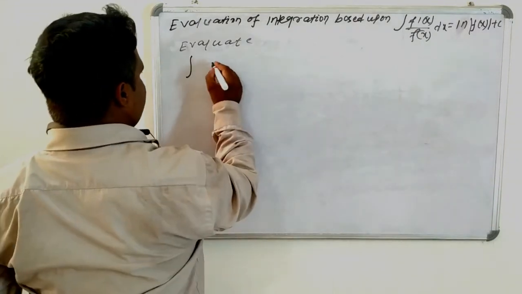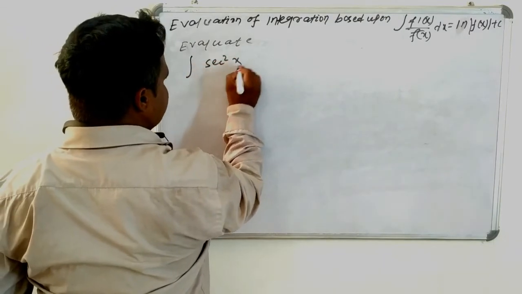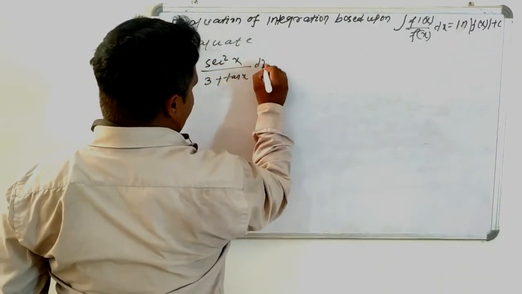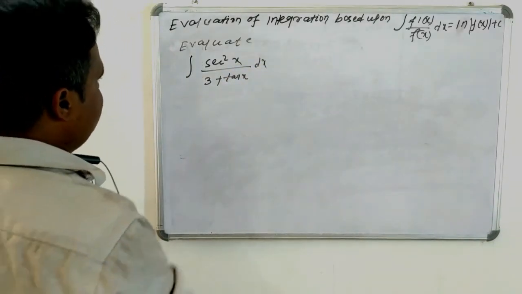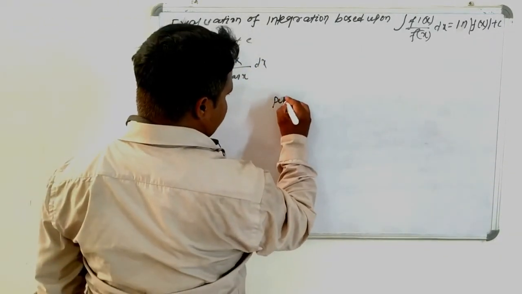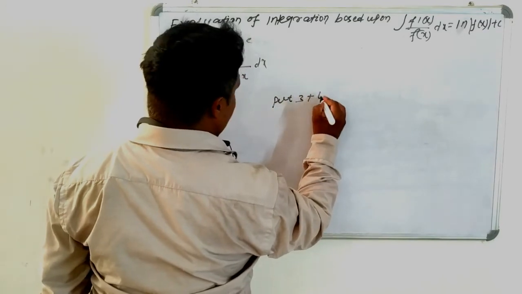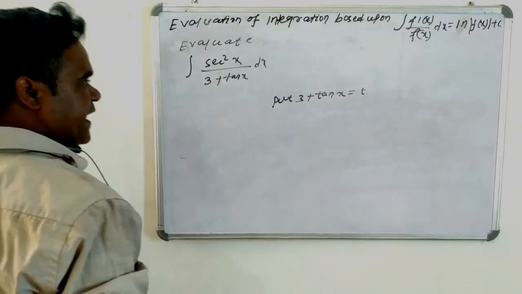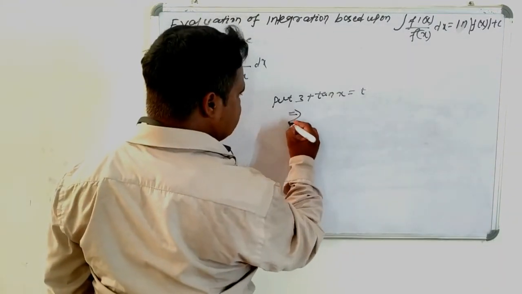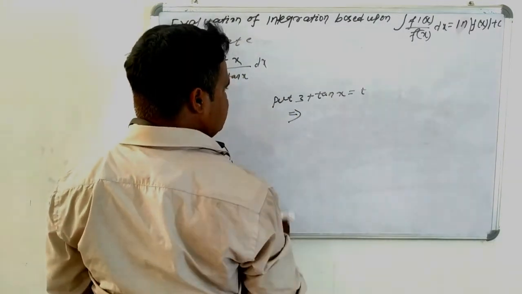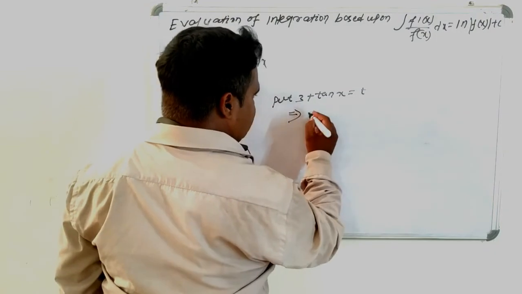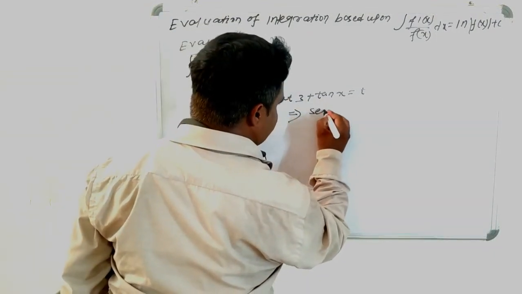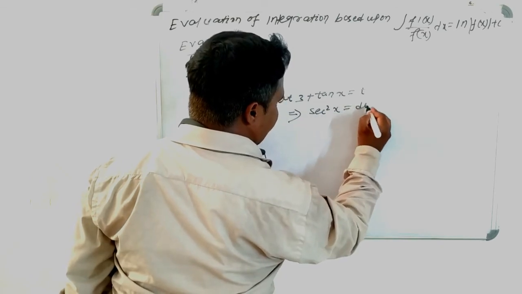Integrate sec²x divided by (3 + tan x). Okay, I put on the lower part 3 + tan x equal to t. t is a function of x, so taking d by dx of both sides: 3 is a constant, so its derivative is 0, and the derivative of tan x is sec²x, which equals dt by dx.